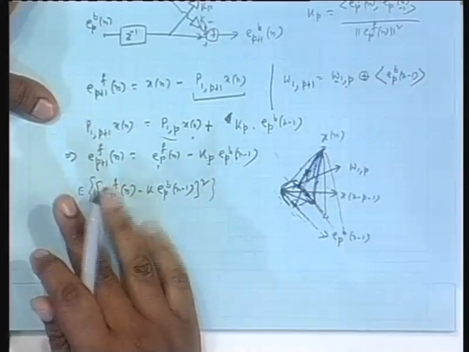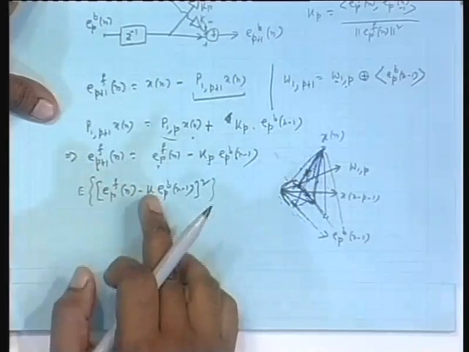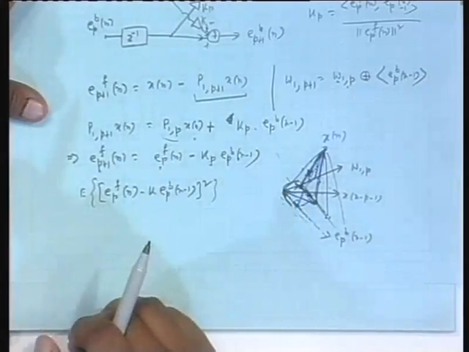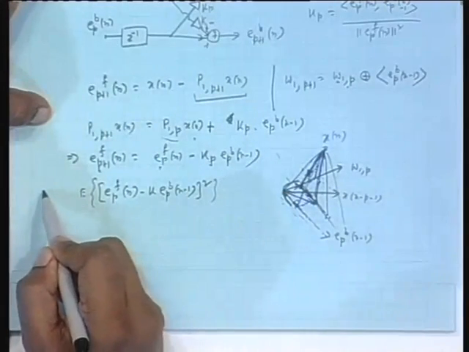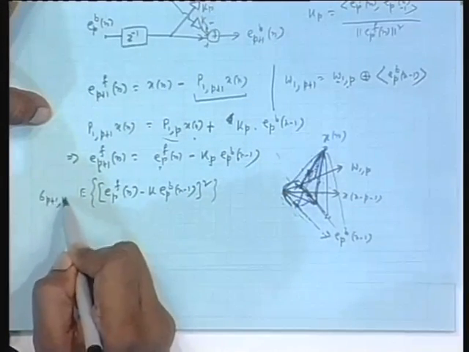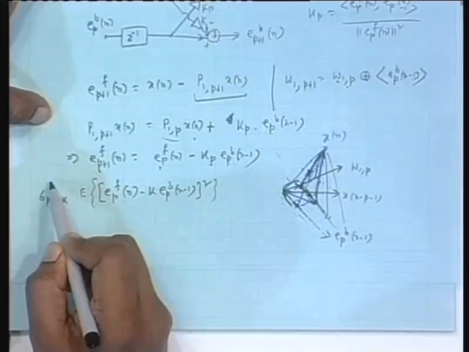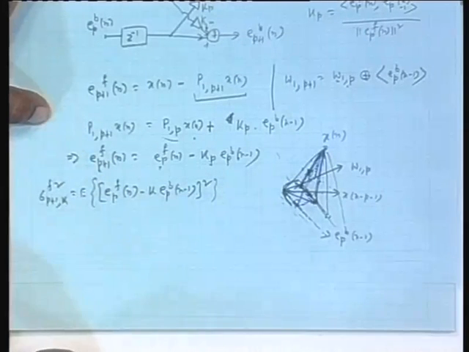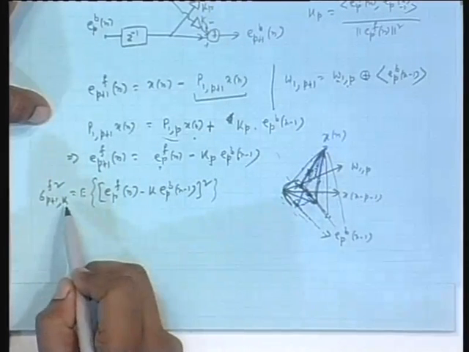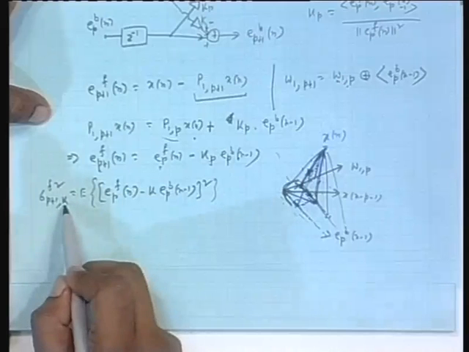But for a general k it is not so, that is the minimum norm, but a general k can be anything, it can be more than that. So I give it a name, sigma p plus 1 as a function of k, f square. I brought in k. So this is a quadratic function of k.